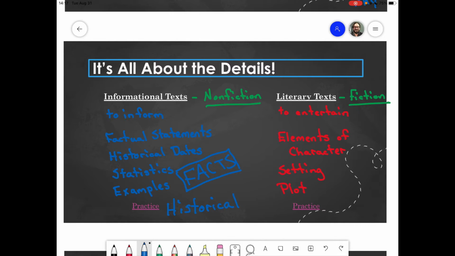The other type of informational text that we will be focusing on are known as science and technical texts.